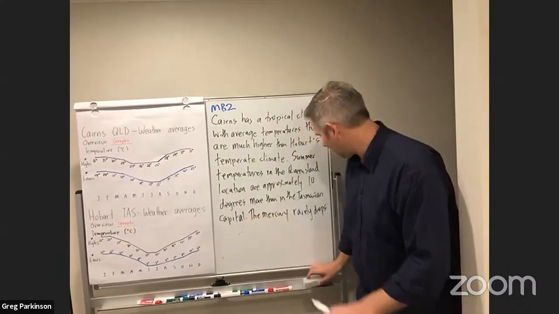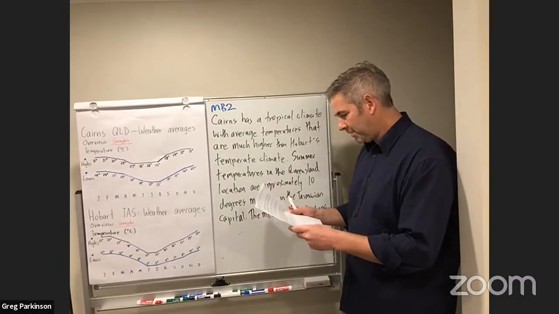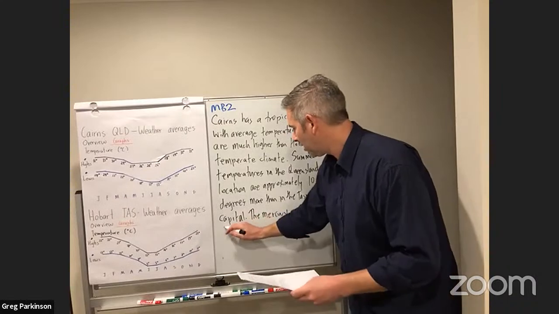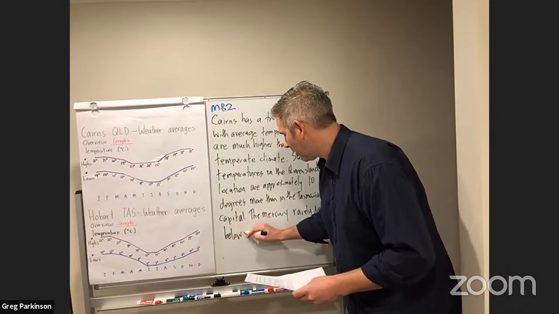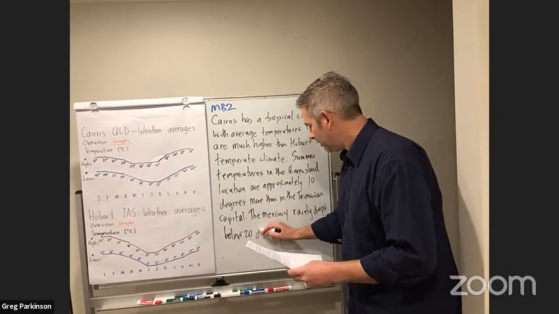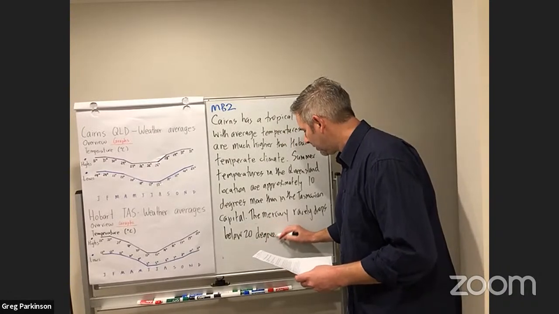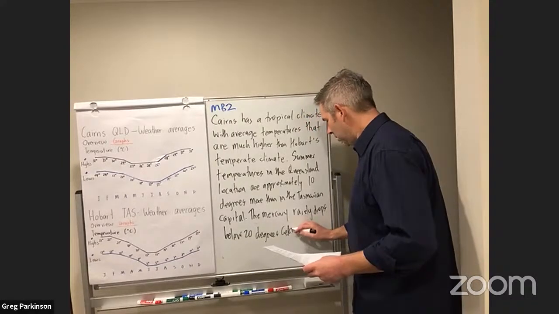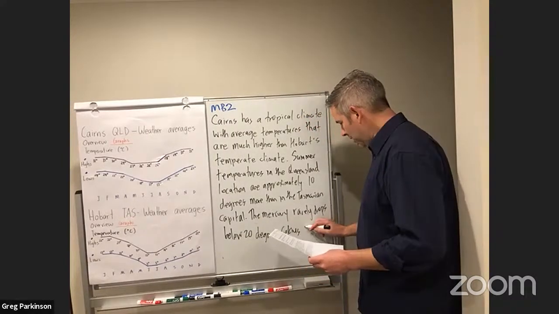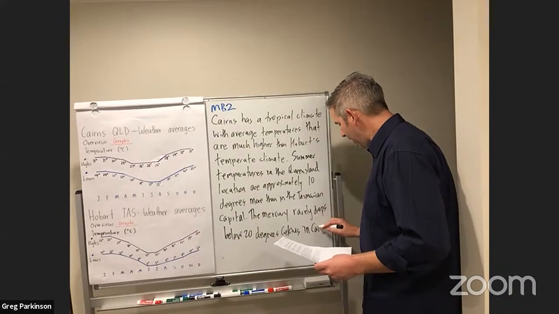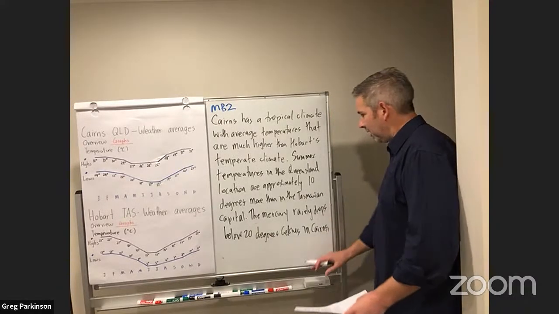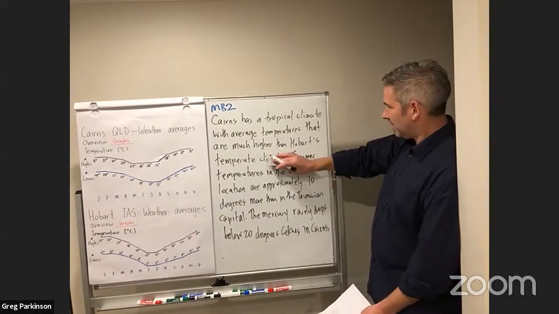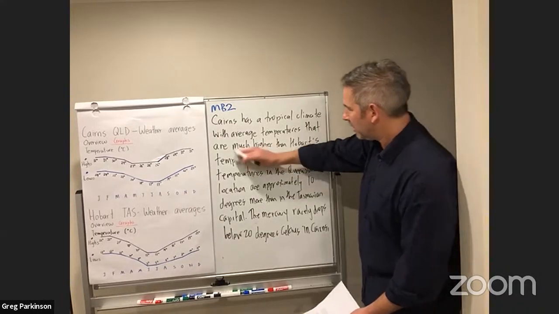So the mercury really drops below 20 degrees Celsius in Cairns. Now, I'm going to erase the first sentence.